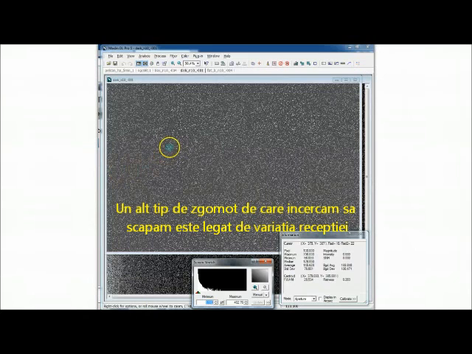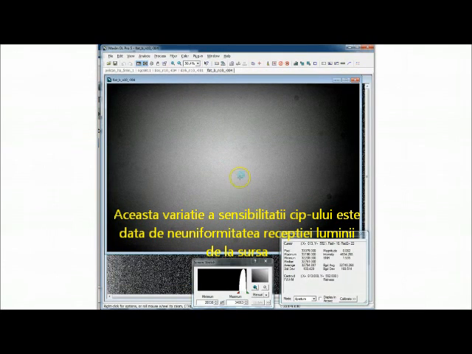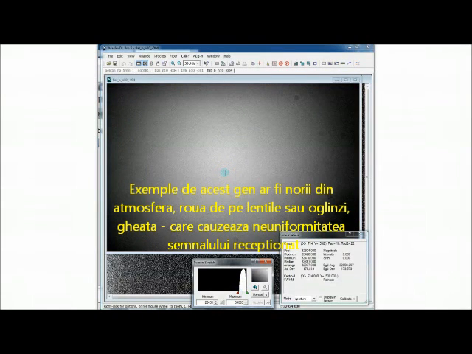Another kind of noise that we try to get rid of is called reception variation. This variation in the chip's sensitivity is caused by inconsistent reception of light, or photons, from the source, like your stars. Examples of this would be clouds in your atmosphere, dew on your lenses or mirrors, or, forbid, on your CCD camera itself.